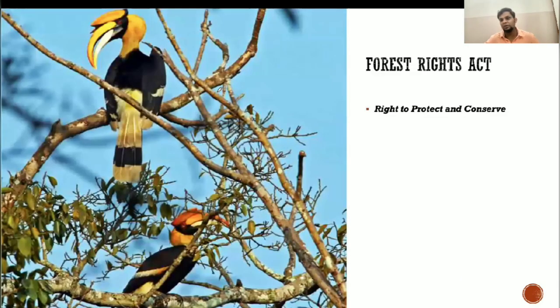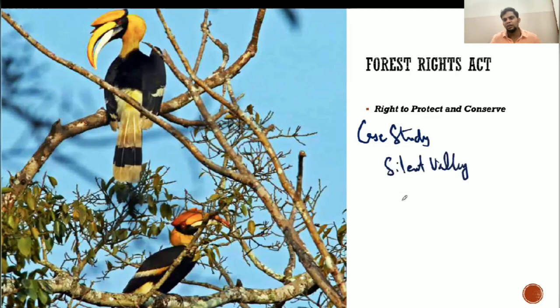Does it work well? So in terms of the right to protect and conserve, this is a case study. Case study, Silent Valley. The Carter tribes actively protect and work in ecotourism.